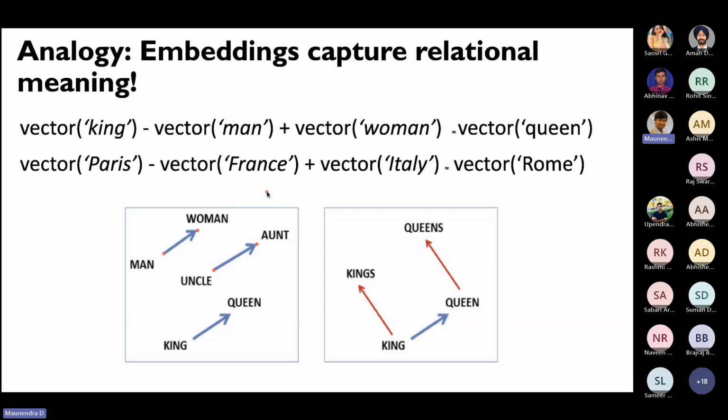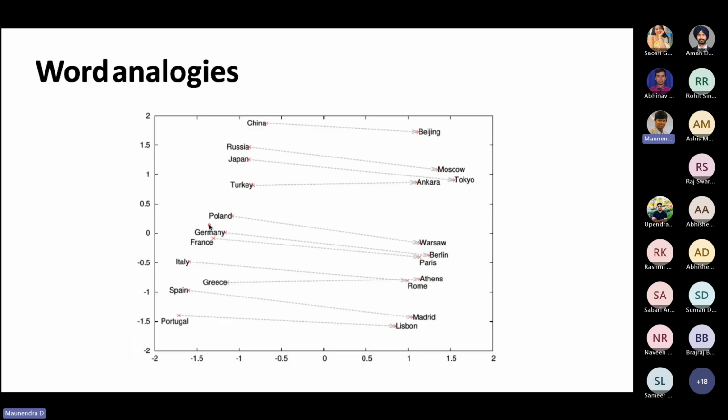Another thing they saw is that besides the male-female gender pairs, they also had country and capital. For different countries they listed the vectors, and for their capitals they also listed the vectors, and they saw that the difference between the vectors of a country and the corresponding capital is also very similar.